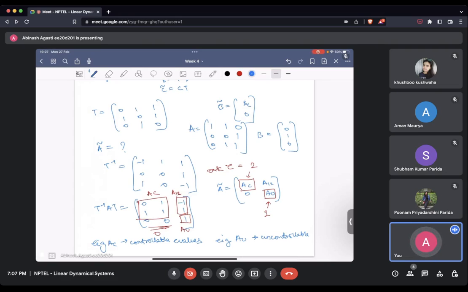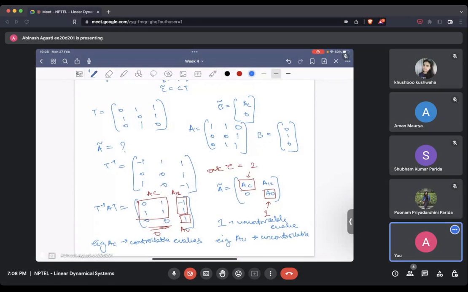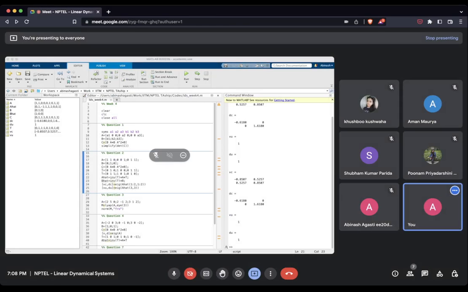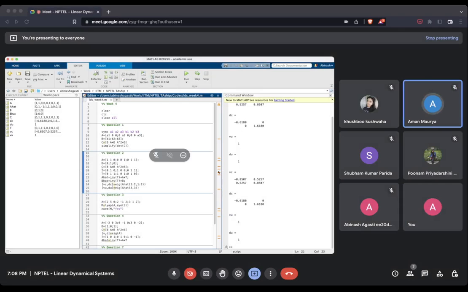Okay, so in this, what is the eigenvalue of this AU? So 1. Correct. So 1 is the uncontrollable eigenvalue. And let's just verify these things on MATLAB. Yeah, able to see my screen? Yes, sir.